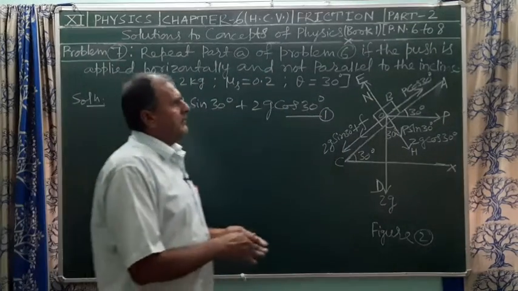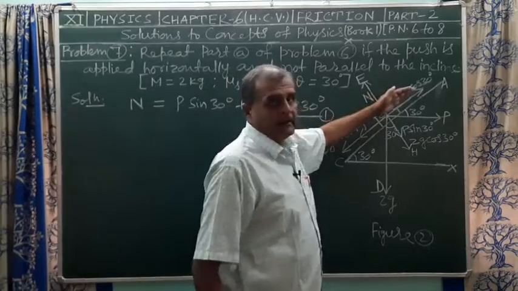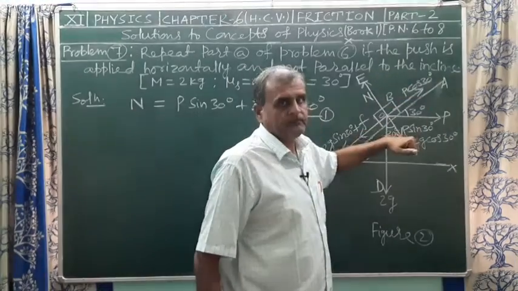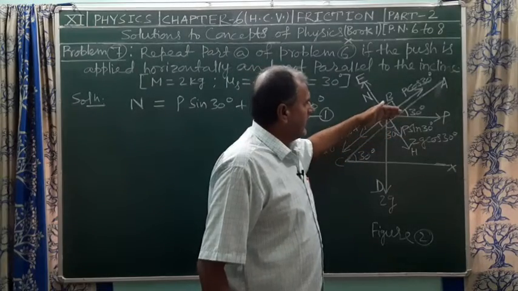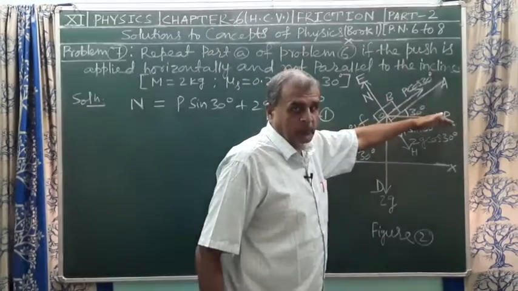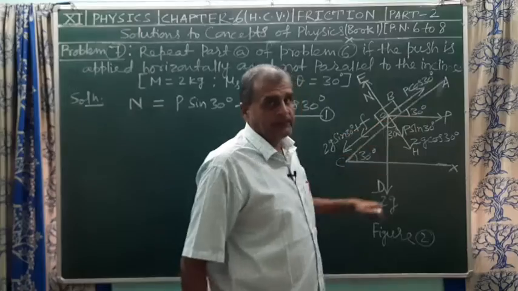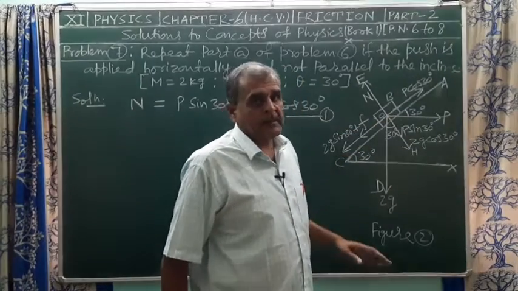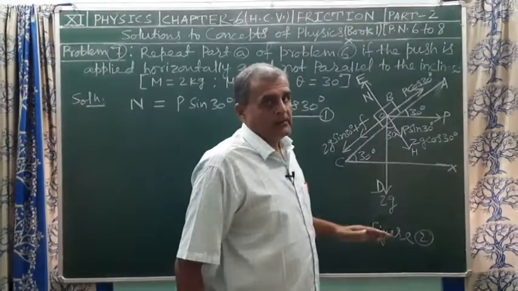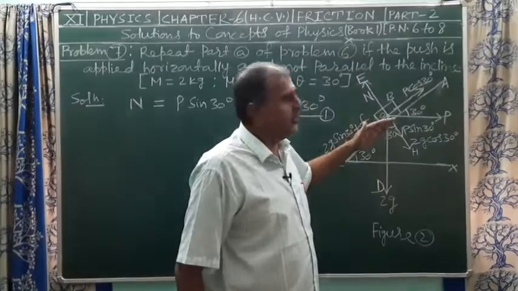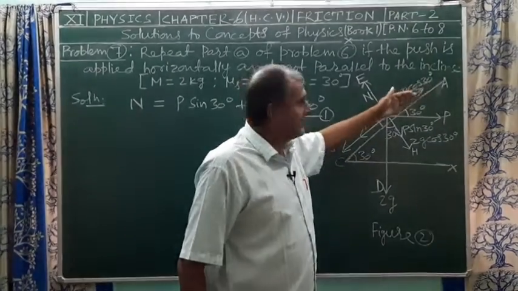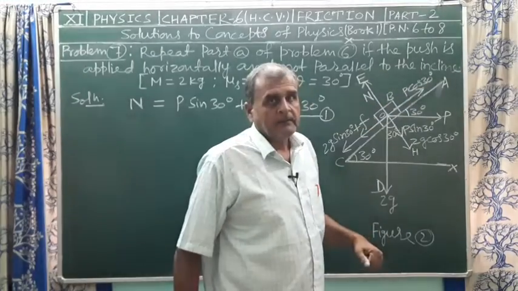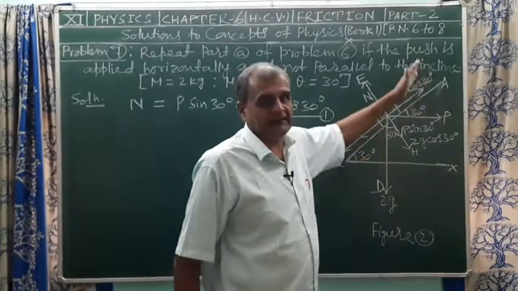Now to move the body up parallel to the incline in the upward direction, one component of the horizontal force P, that is P cos 30 degree, will be the force which moves the block upward parallel to the incline with uniform velocity without acceleration.